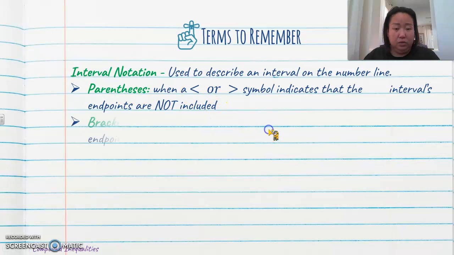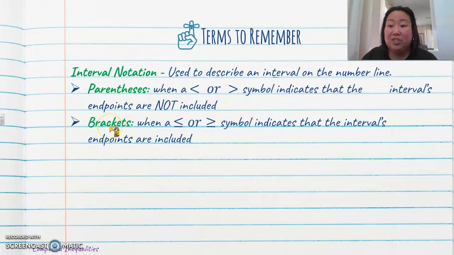The solid dots, on the other hand, use the square brackets, okay? So the moment that you have solid dots, or when your inequality uses the equal to symbol, then the endpoints are included, okay? Now, Miss, how are we going to show the arrows? Remember, we have a continuous arrow to the left or a continuous arrow to the right and things like that.